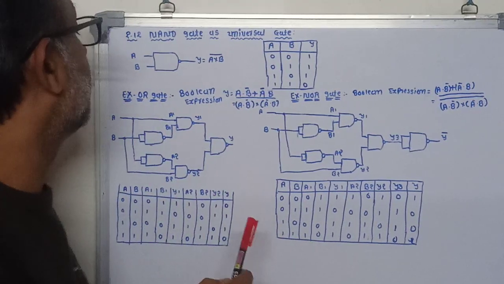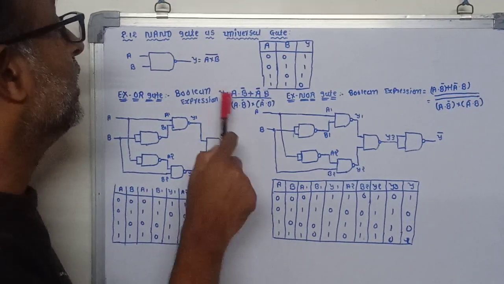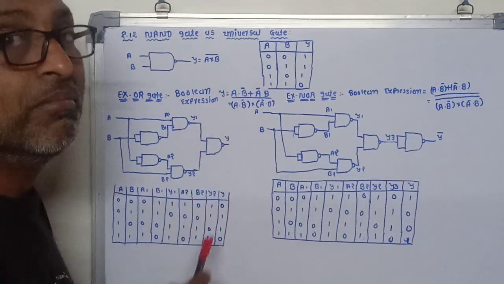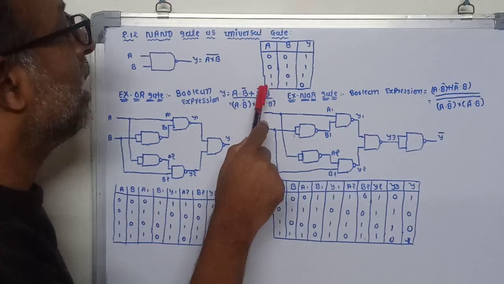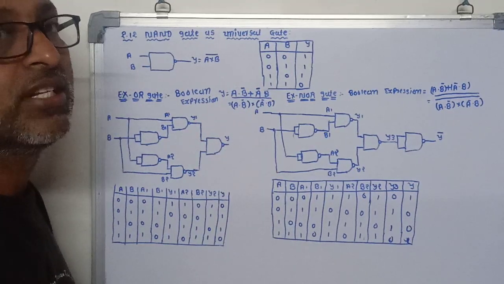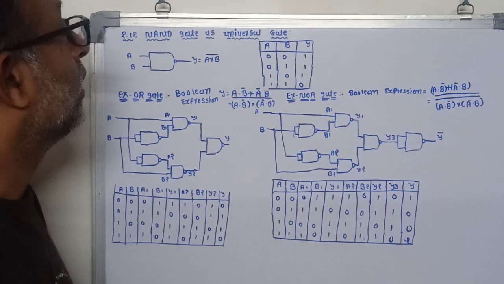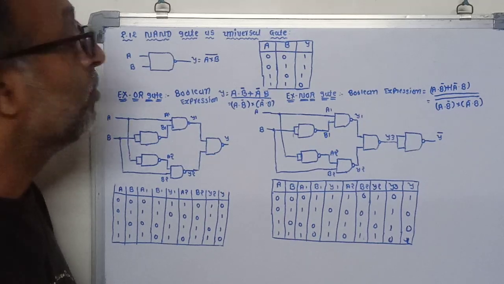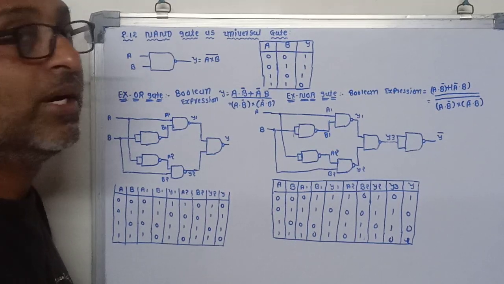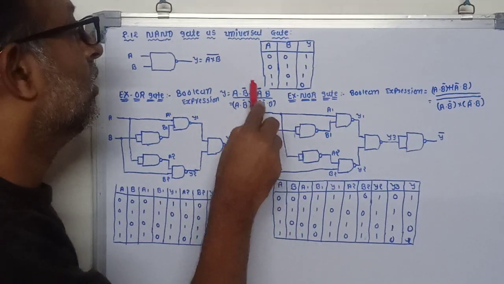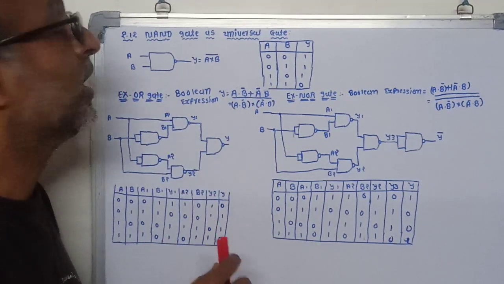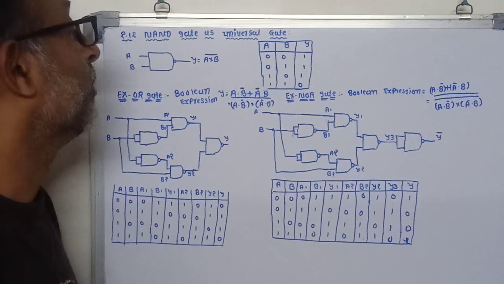The Boolean expression of the exclusive OR gate is A into B bar plus A bar into B. So in this equation you can see that the multiplication mathematical operation is required and one addition mathematical operation is required.